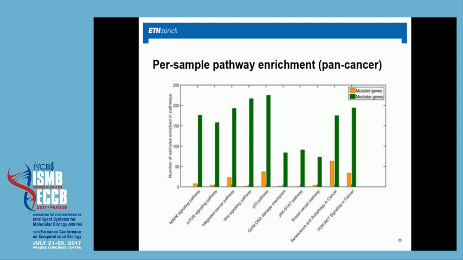Just one example here, again for pan-cancer: we picked out a number of pathways that are known to be associated with cancer, signaling pathways, Wnt, TP53, and so on. And again, the mediator genes give a much stronger signal here as compared to the mutated genes.